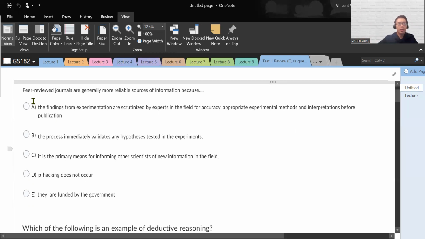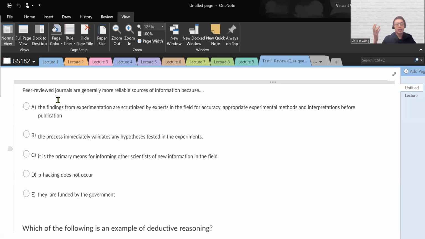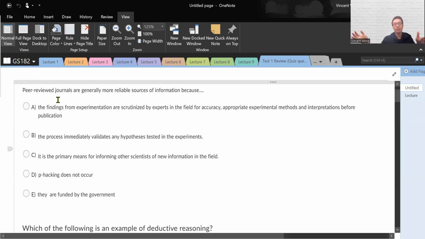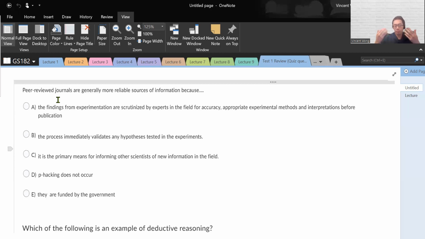Peer-reviewed journals are generally more reliable sources of information because, just to remind you, peer review means when people do a scientific study and want to publish their results in a peer-reviewed journal, they need to submit their work to other experts in the field so they can examine it, make sure it was done with the proper standards, and identify any potential errors, which have to be fixed before it's published.